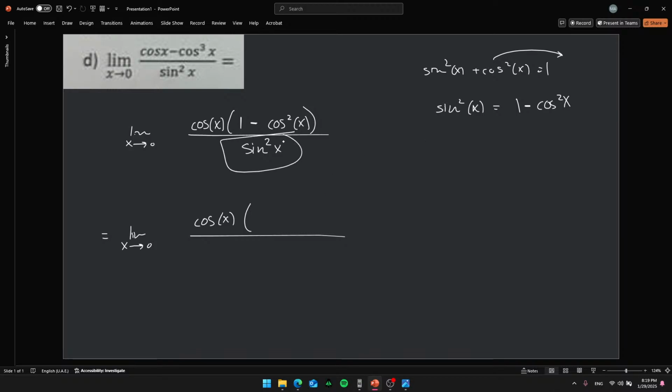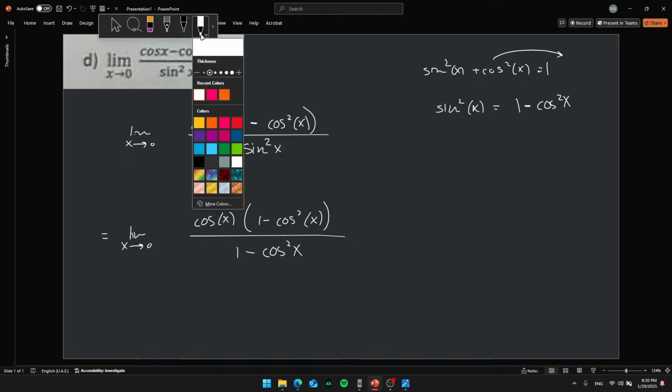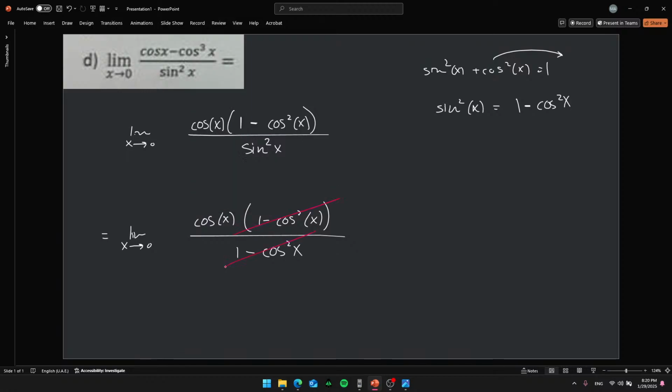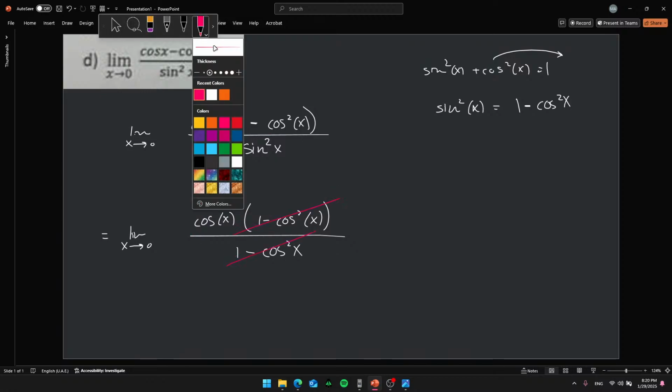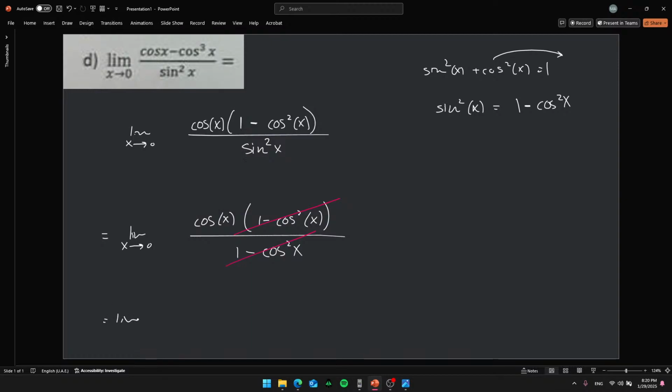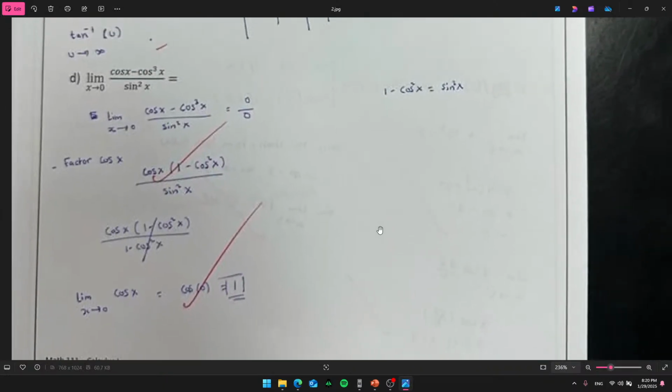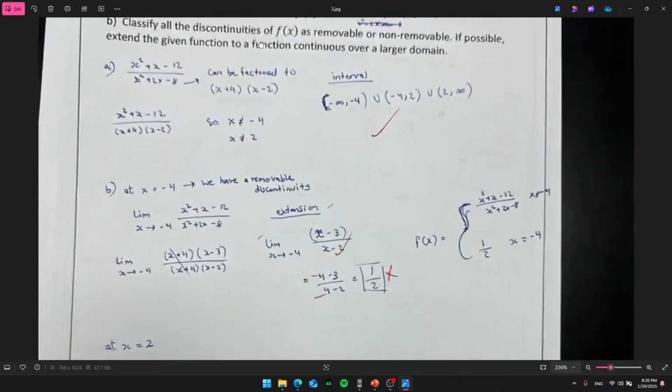Now I have sine square x, so I need to replace it with 1 minus cosine square x. It's obvious why I did that, right? Now I can cancel out the 1 minus cosine square x. So I'm left with limit as x approaches 0 of cosine x. Now plug in the 0. Cosine of 0 is equal to 1. Right? Yep. Simple and easy.